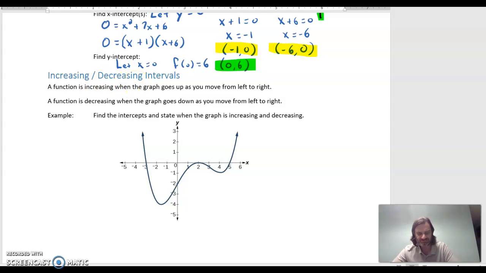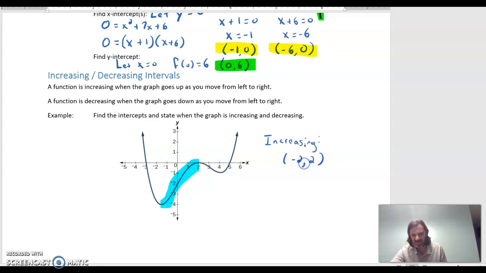The next thing we want to talk about are the increasing and decreasing intervals of functions. Very simple thing. A function is increasing when it's going up from left to right. So my little graph down here, which is a little polynomial, as we move from left to right, we find this little region here where it's going up from left to right. So maybe I'll say it's increasing from -2 to 2, and that's an x interval.